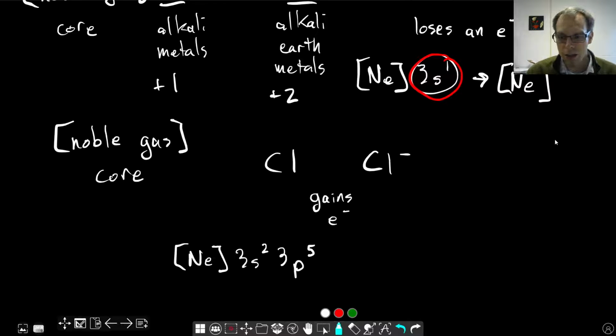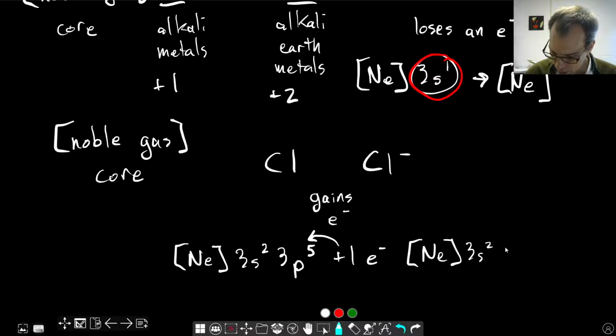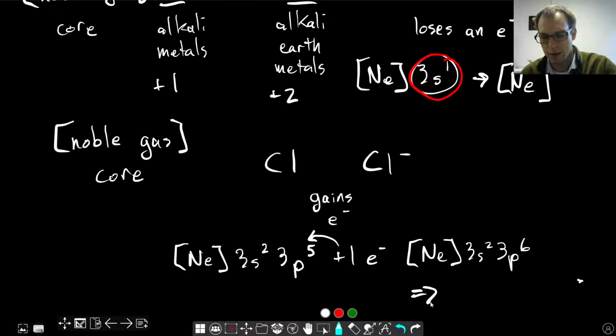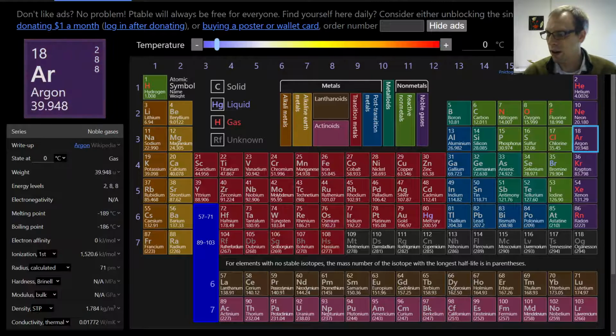Now, to lose all 7 of those electrons would be very difficult. And so chlorine doesn't form a chlorine 7+ ion, losing 7 electrons. Instead, it's much easier to just add 1 more electron into the p orbital so that we get the configuration of neon, 3s2, 3p6, and this becomes the same electron configuration as the noble gas right next to chlorine, which is argon.